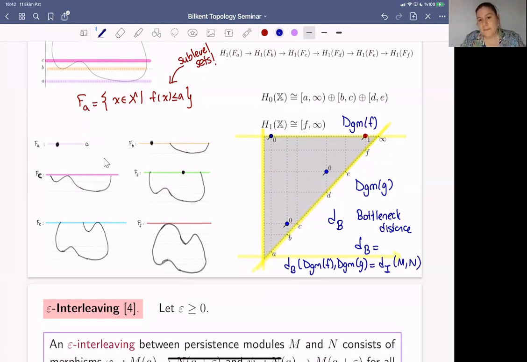When we consider multi-parameter persistence modules, we cannot represent the data in a barcode or a persistence diagram, but we can still talk about the interleaving distance. So this is our motivation. For the multi-parameter case, we cannot talk about the bottleneck distance, but we can still talk about the interleaving distance.